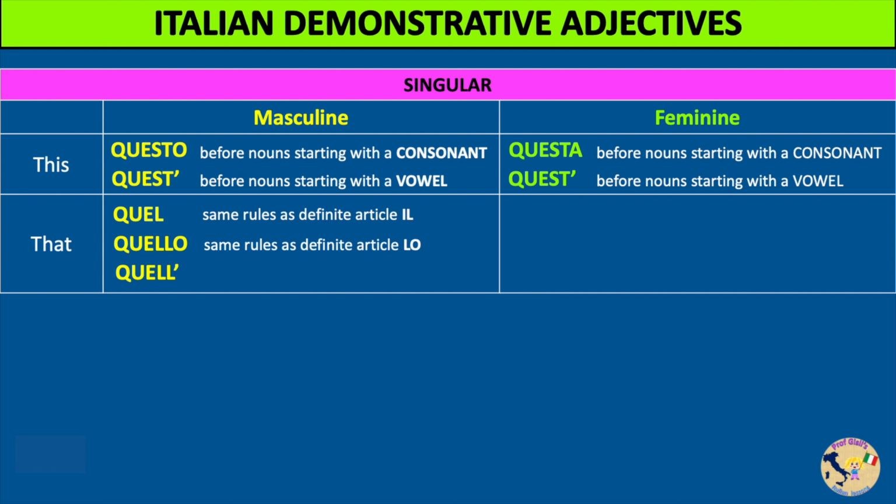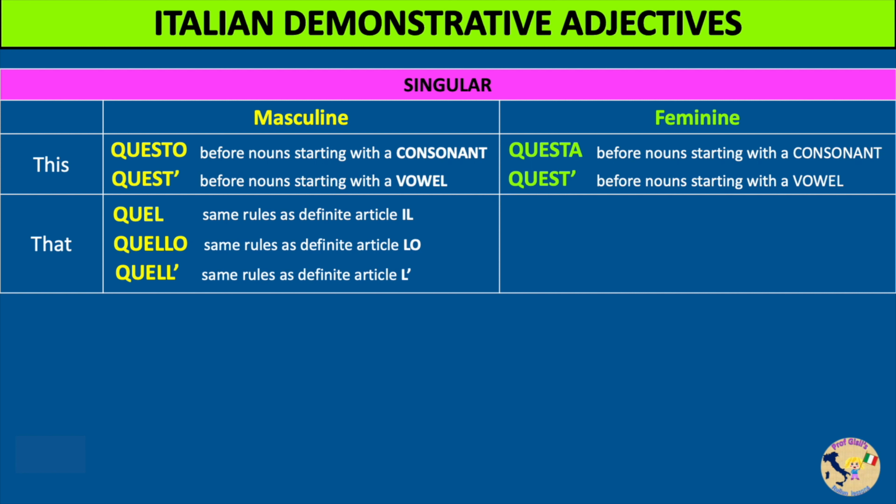Quello behaves like article lo, which, as we've seen in a previous lesson, is used before nouns starting with s plus consonant, ps, pn, gn, x, y, and z. And adjective quell' behaves like article l' and is used before nouns starting with a vowel.